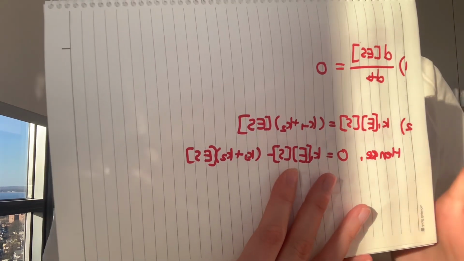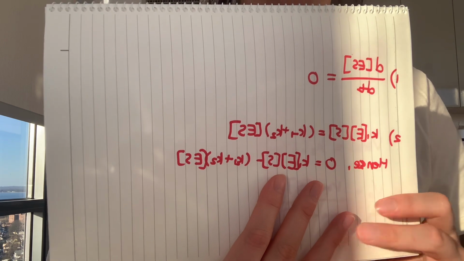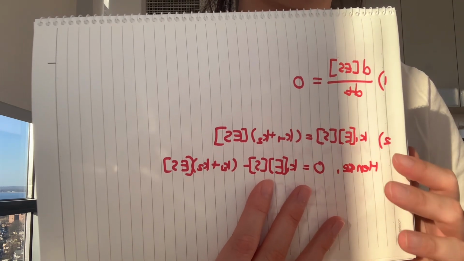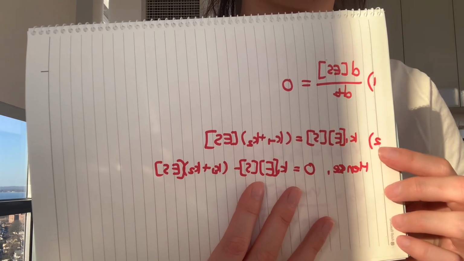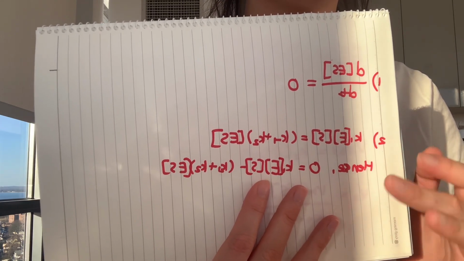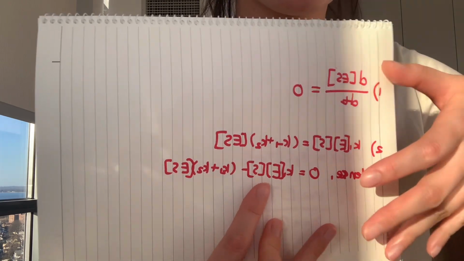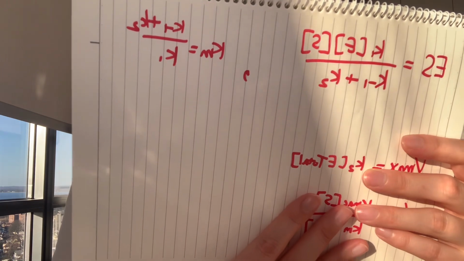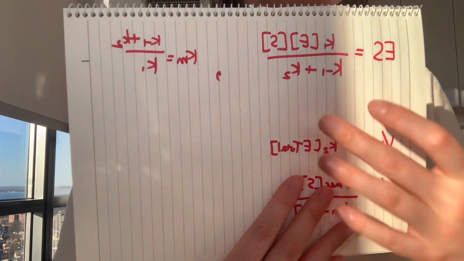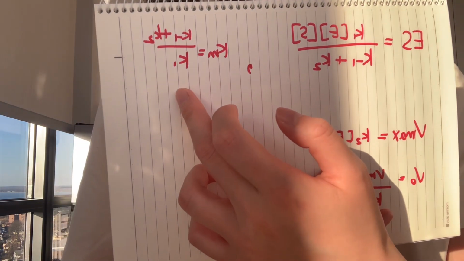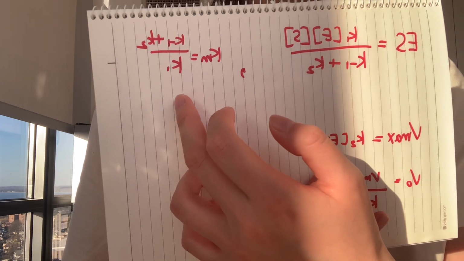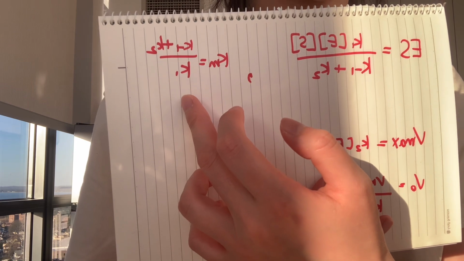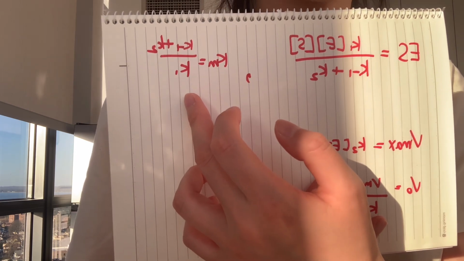To simplify, we rearrange this equation to solve for ES, the concentration of enzyme substrate complex. Here, we introduce the Michaelis constant Km. Km is a measure of the substrate concentration at which the reaction rate is half of its maximum value.